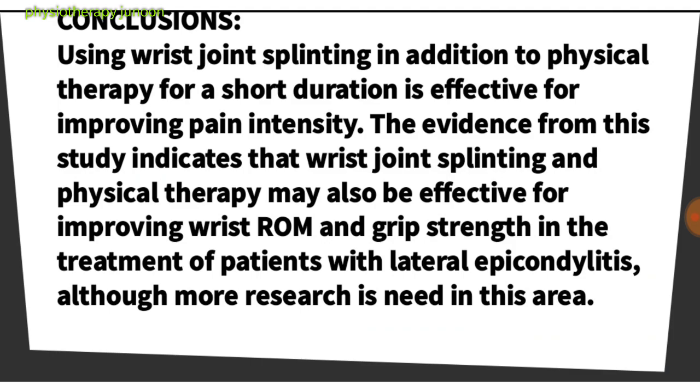They conclude that using wrist joint splinting in addition to physical therapy for a short duration is effective for improving pain intensity. The evidence from this study indicates that wrist joint splinting and physical therapy may also be effective for improving wrist range of motion and grip strength in the treatment of patients with lateral epicondylitis, although more research is needed in this area.